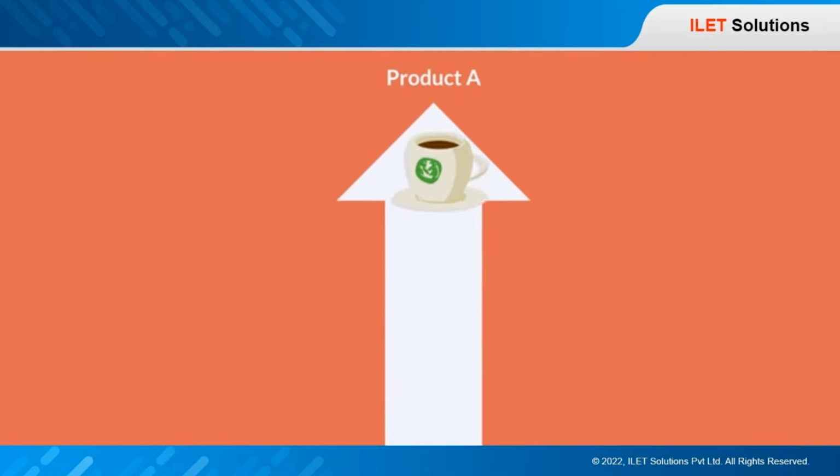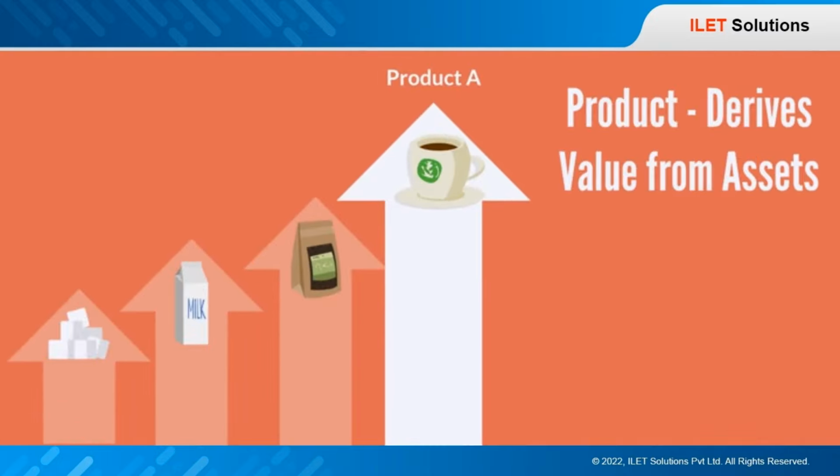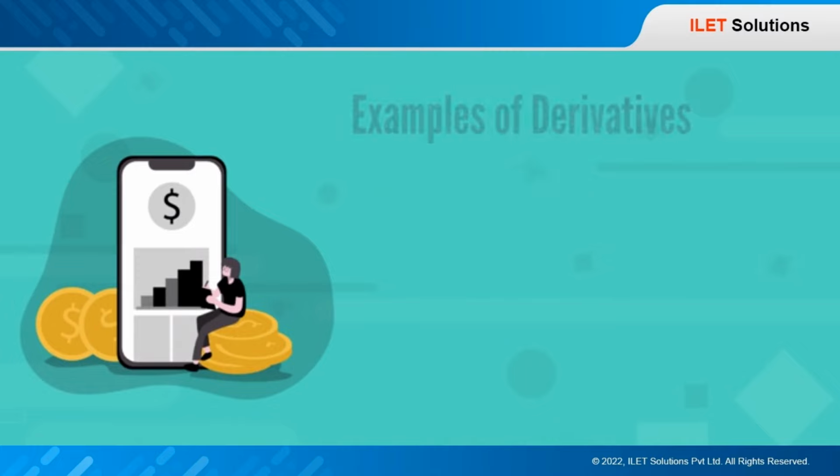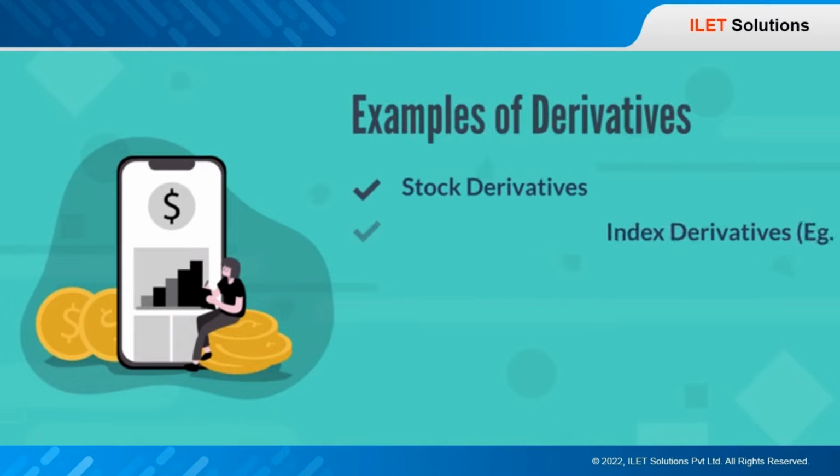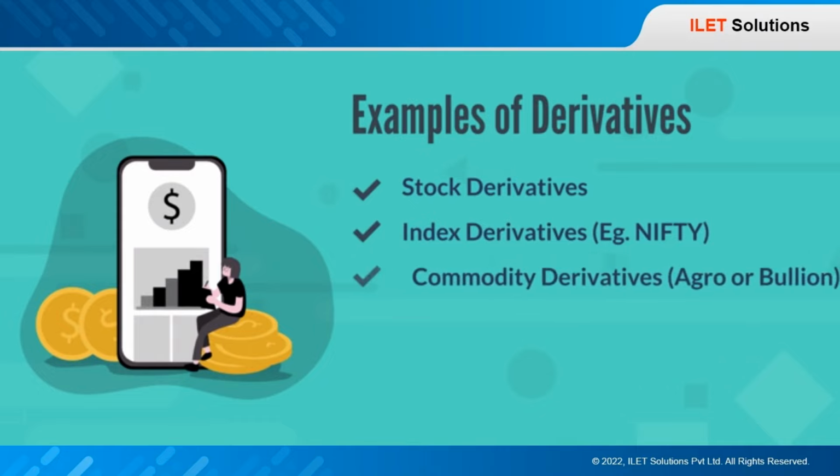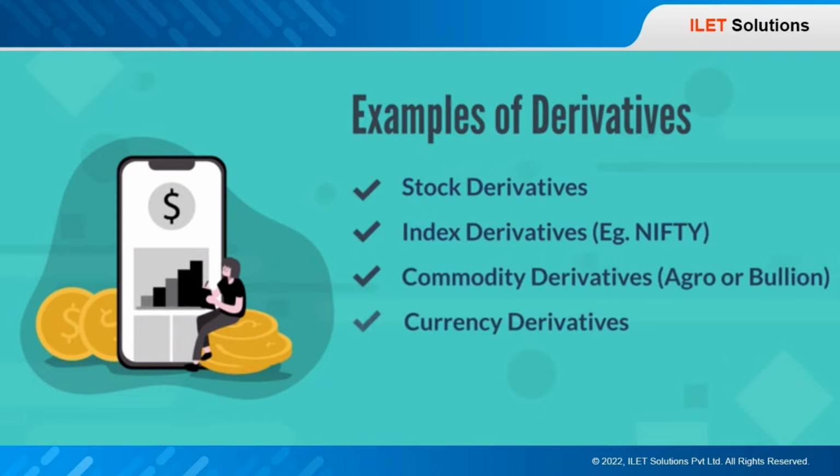This effectively means that product A derives its value from the underlying assets, that is, the value of X, Y, and Z. Here are some examples of derivatives: stock derivatives, index derivatives, commodity derivatives, currency derivatives, and interest rate derivatives.